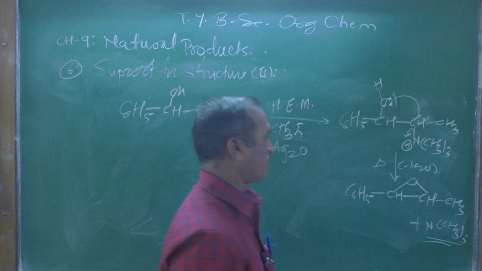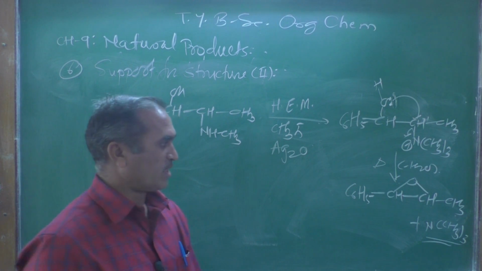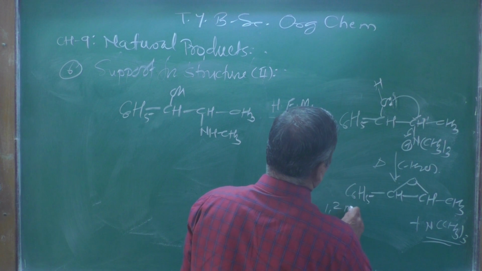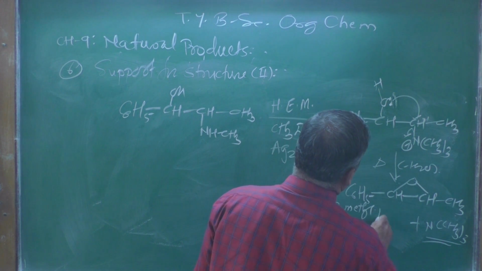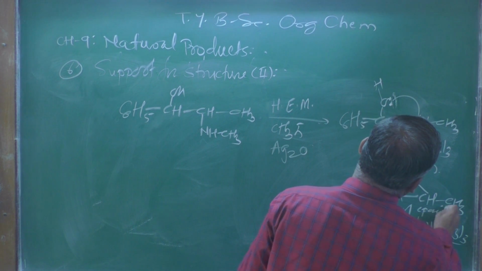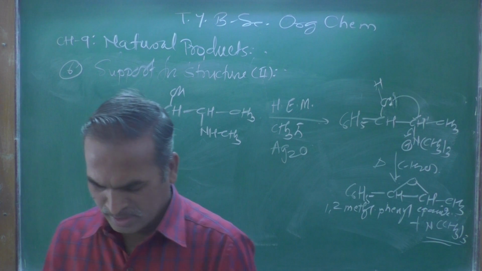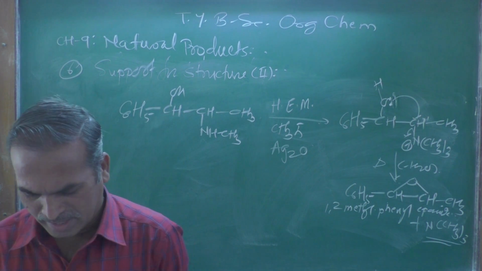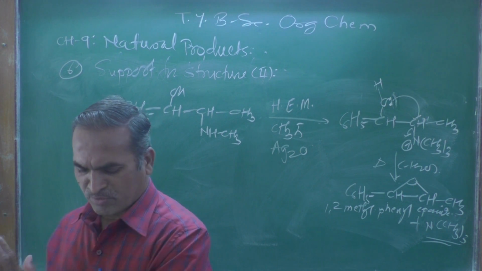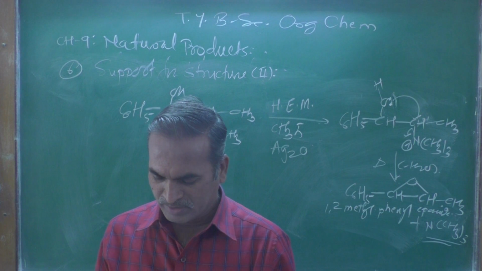That is trimethylamine we are getting, and this one is 1,2-methyl-phenyl epoxide. That is the product we are getting over here, and that clearly indicates that structure second is further supported by the optical activity.